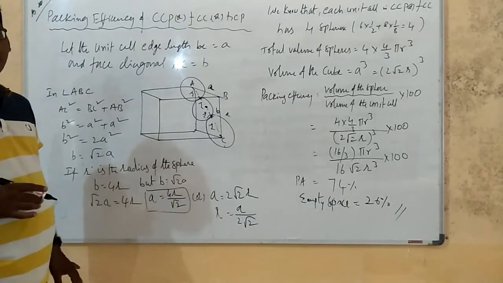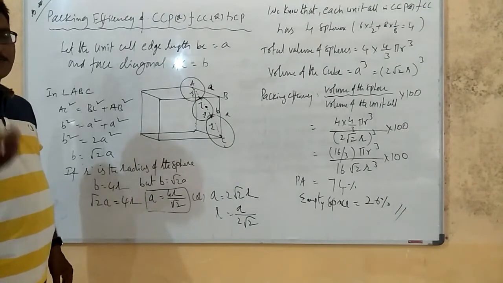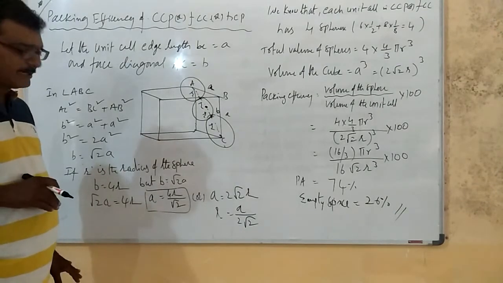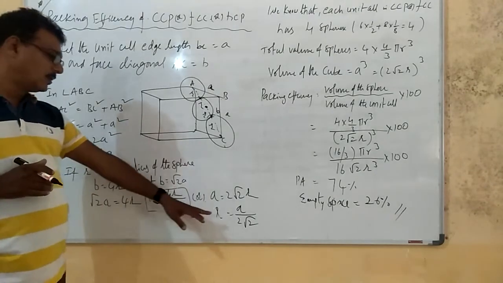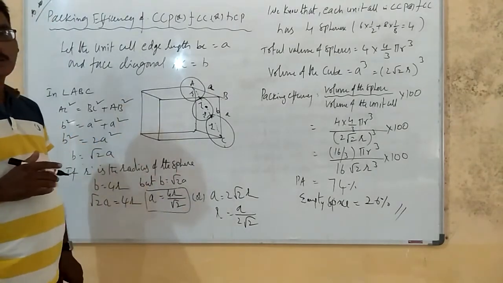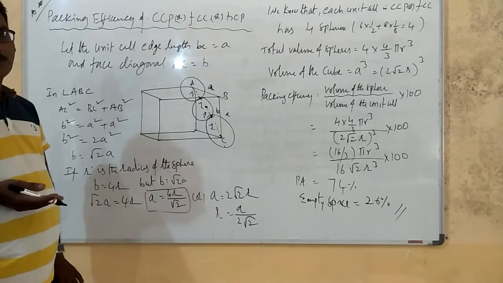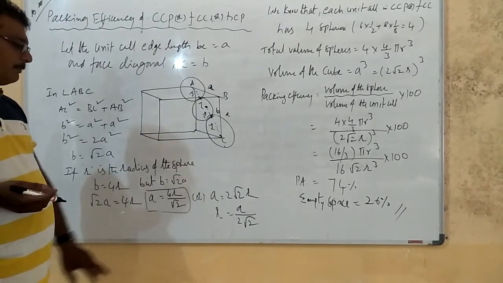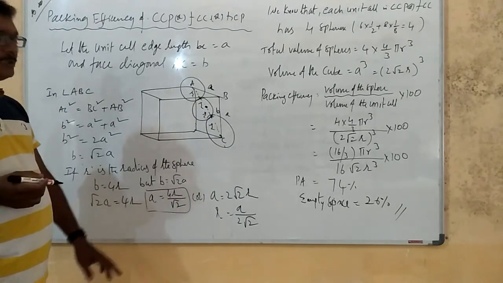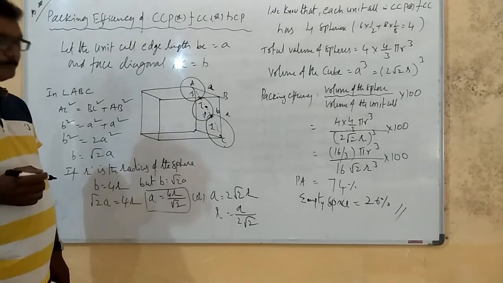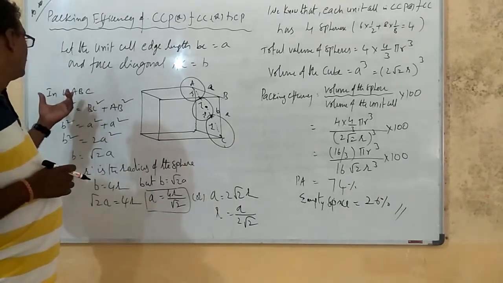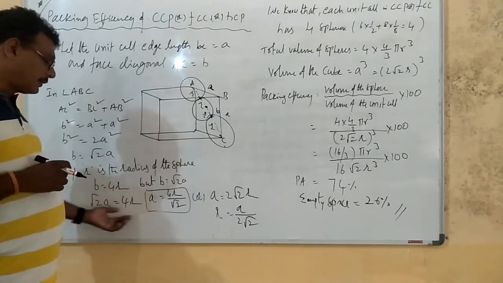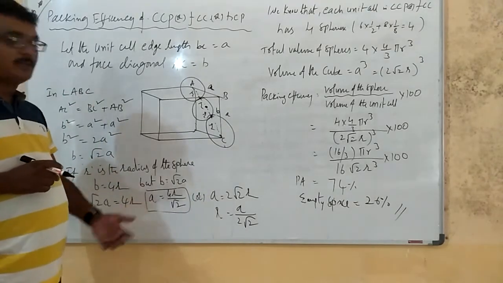That is an objective question. Suppose FCC is given, how to calculate the radius of the sphere: with edge length A and 2 into square root of 2, where square root of 2 is the value 1.414. Based on that, R is equal to A by 2 root 2. So according to triangle ABC, we have to calculate the A value.